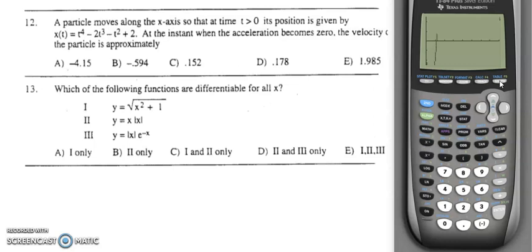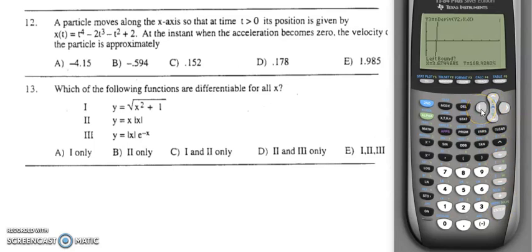This is the acceleration graph, and I see I have one place where acceleration is 0. I'm guessing that is the only place, because the wording says at the instant when acceleration is 0. So once it stops graphing, I'm going to do second trace and find the zero. Second trace, choice 2 is zero.